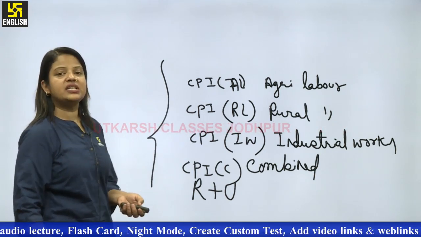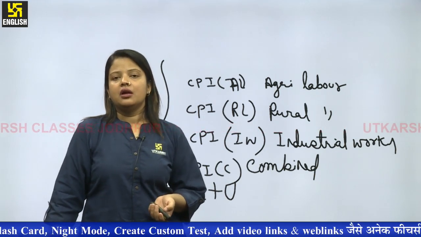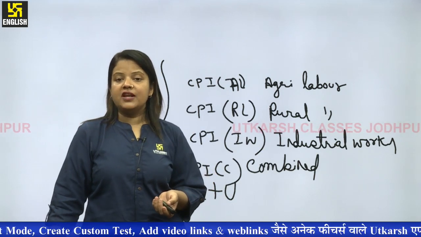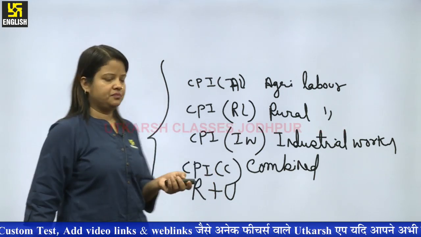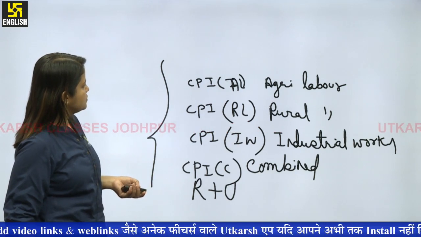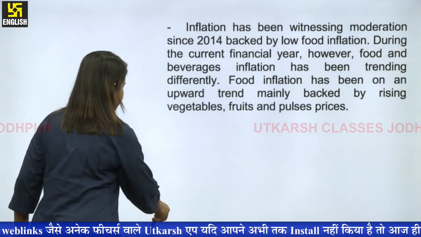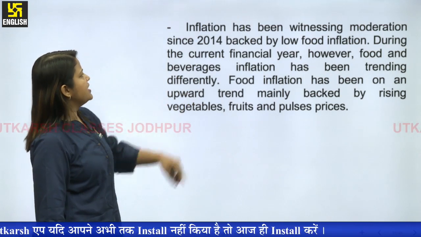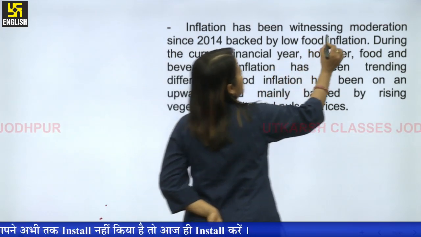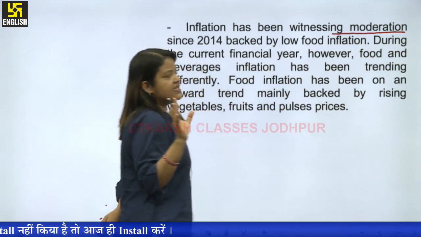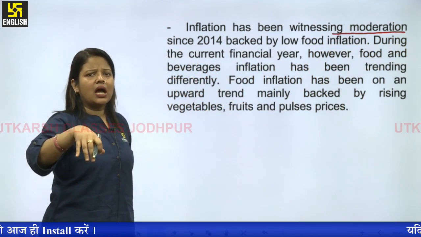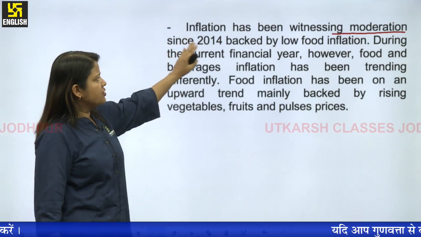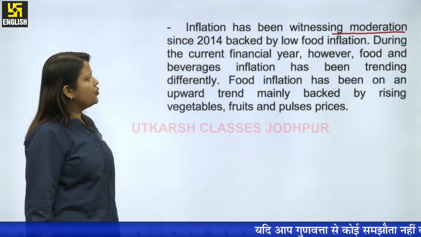Now we will go into the detail of the economic survey. What has happened with the price and inflation during 1 year? Inflation has been witnessing moderation. It means it came down a little bit since 2014, backed by low food inflation.